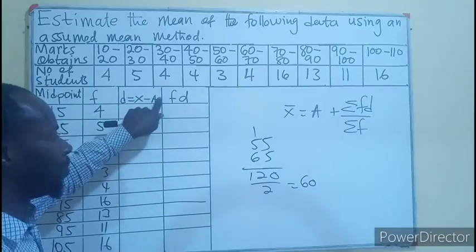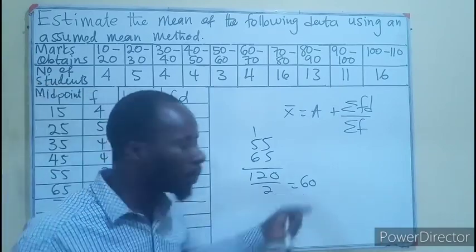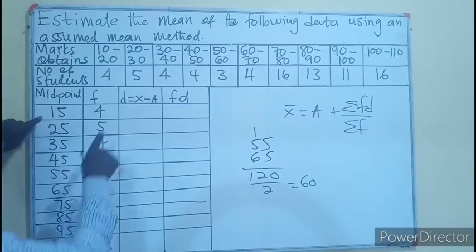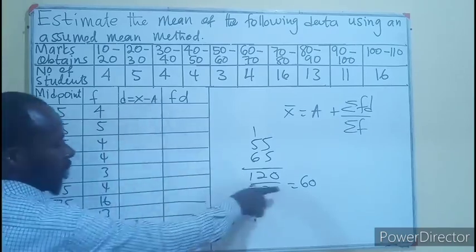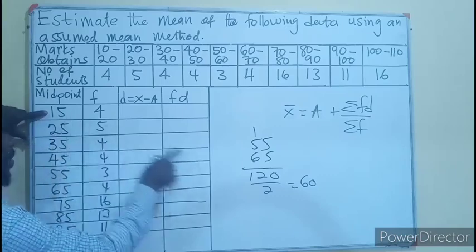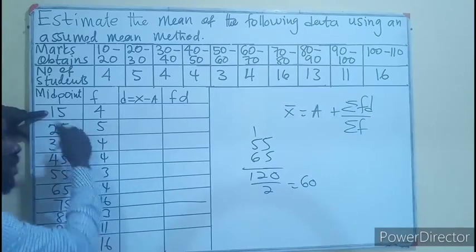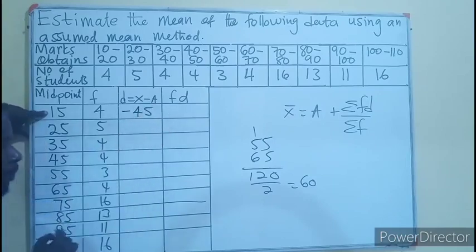Meaning the assumed mean, the mean we are assuming in the data, is supposed to be 60. Alright. So now it will be the x value minus the assumed mean, which is 60. In this case, if you subtract 60 from 15, you'll be having negative 45.